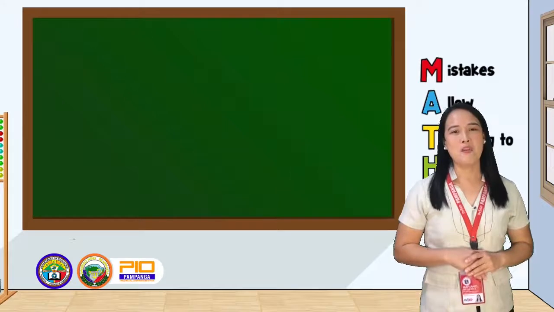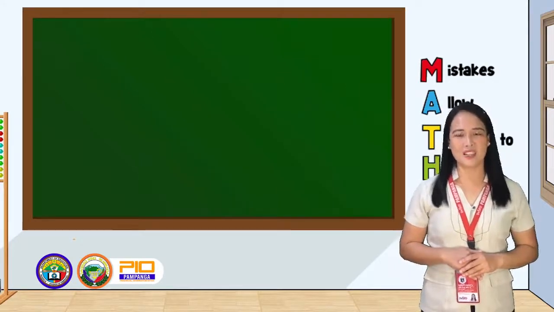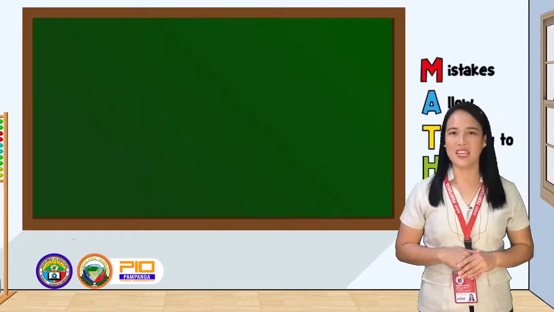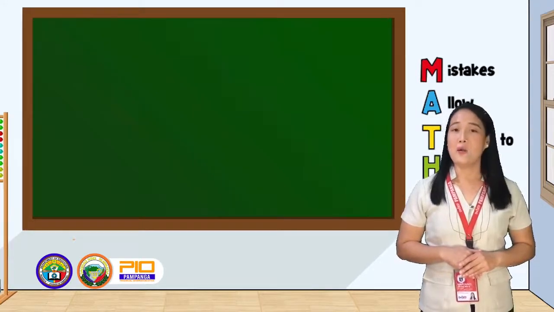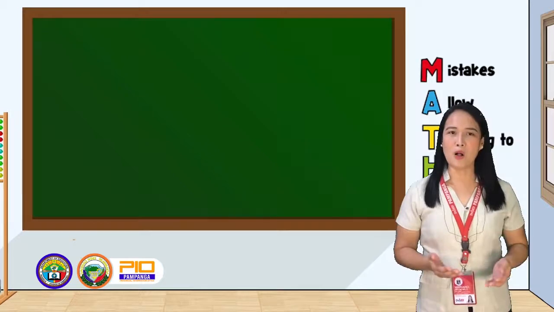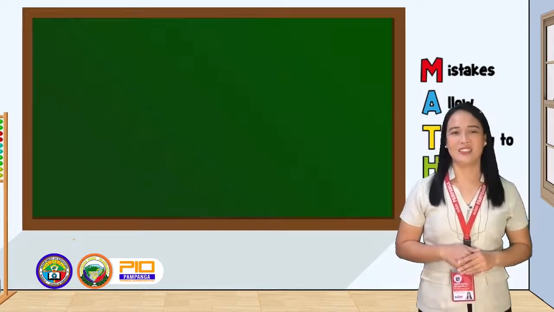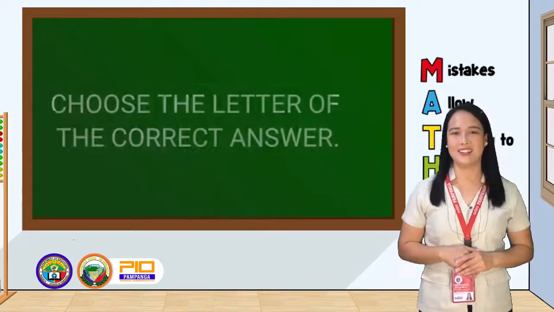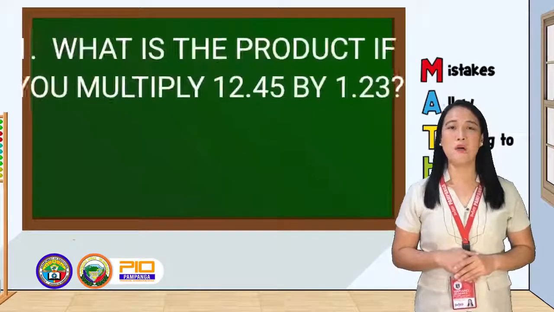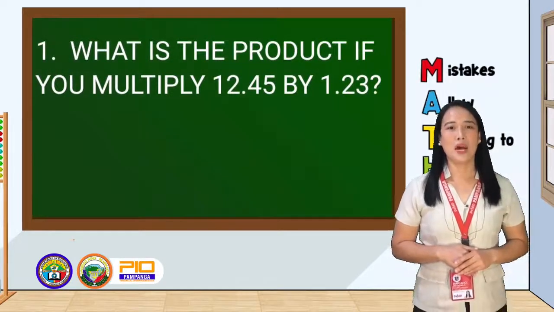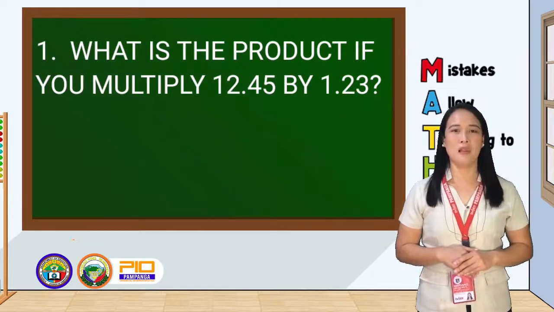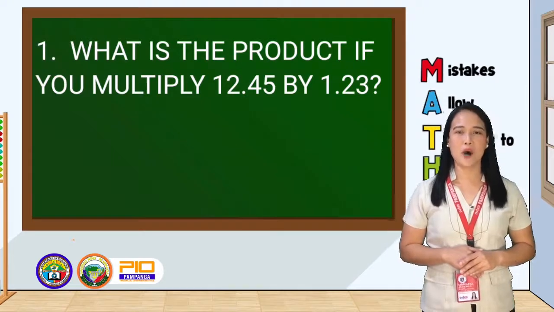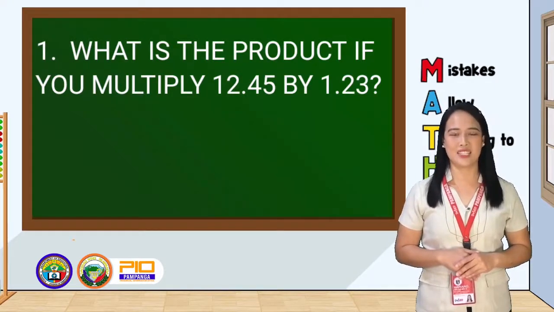Now kids, before we go on with our lessons, let us test your computational skills by doing these exercises. Ready your paper and your ball pen. Let's start. You're going to choose the letter of the correct answer. Number 1. What is the product if you multiply 12 and 45 hundredths by 1 and 23 hundredths?